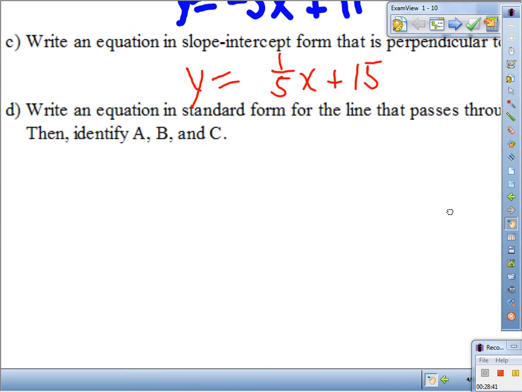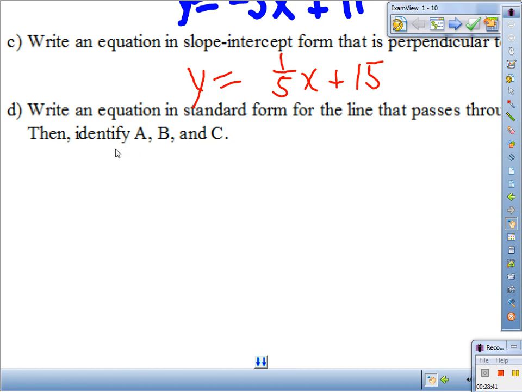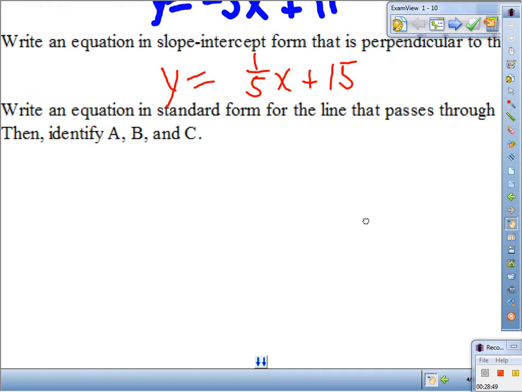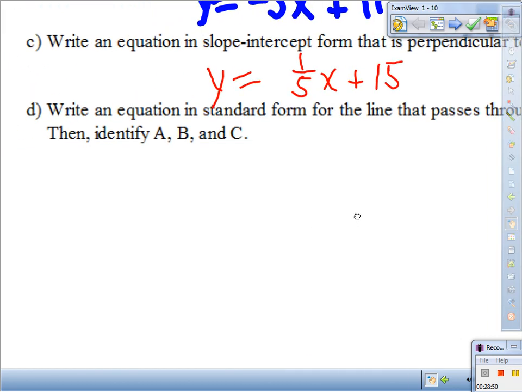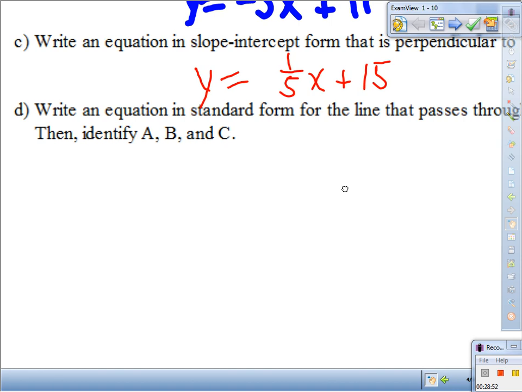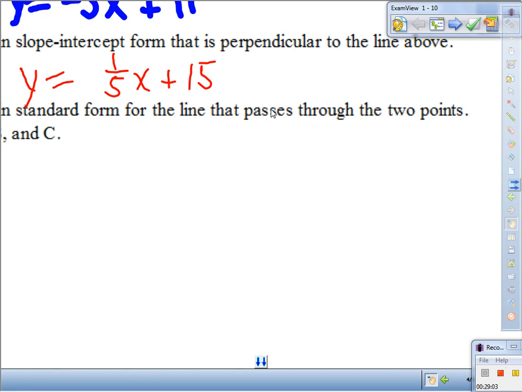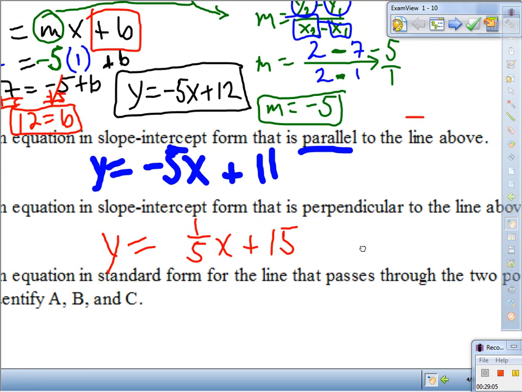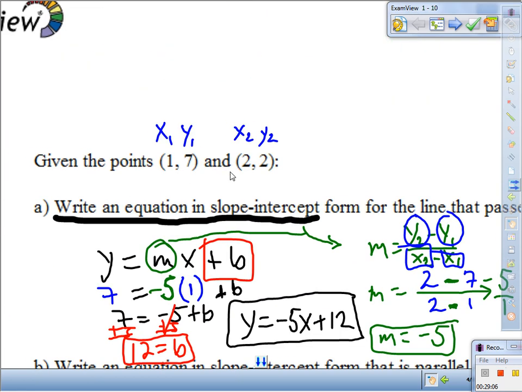Part D. Focus on this one. Write an equation in standard form for the line that passes through the 2 points, then identify A, B, and C. So pay attention to this part. Guys, focus. And Julian, be nice. It says, write an equation in standard form for the line that passes through the 2 points. What 2 points? These, right?